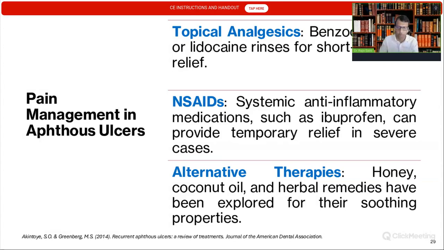We have to manage pain, manage the ulceration, and enhance the healing process, but it all depends upon the clinical situation of the patient at that particular time. We can also rely on alternative therapies such as honey, coconut oil, and sea salt that can play a very big role in managing the clinical picture of aphthous ulcers.